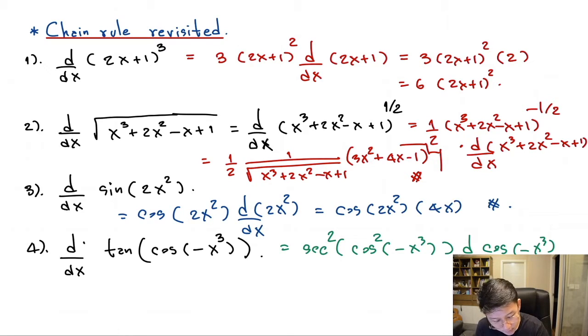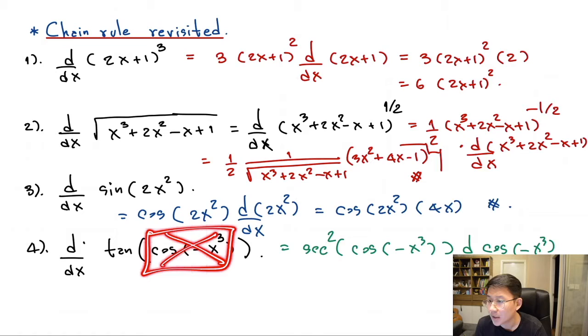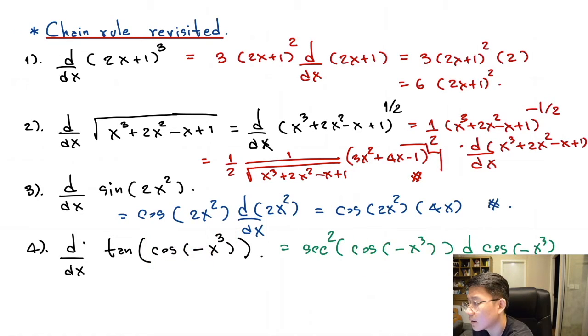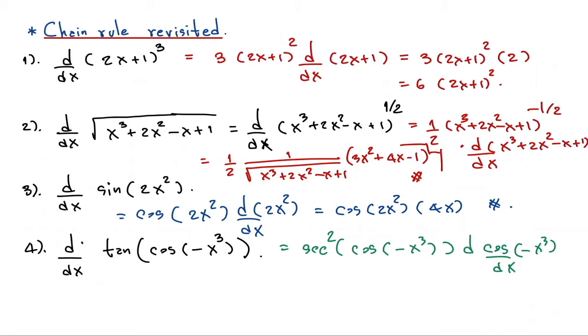Okay, here is not squared. Here is like that. So d of tan big X is sec squared big X, and then you differentiate big X by x.